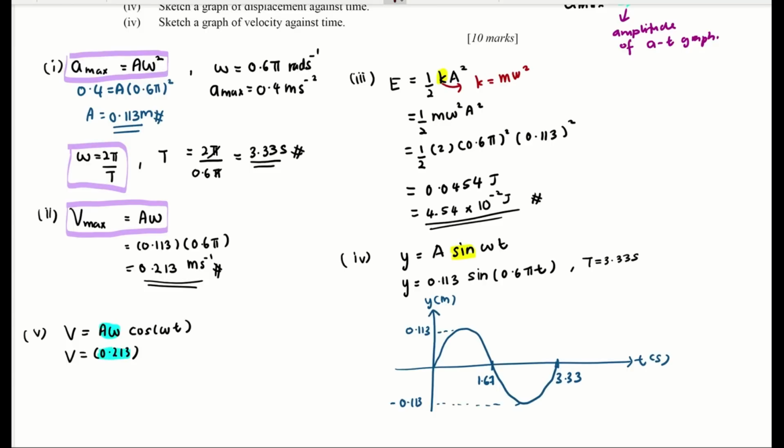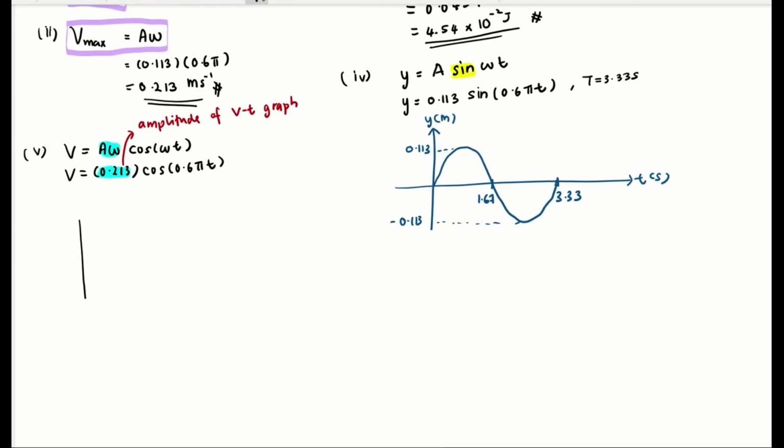Jadi bila kita sketch graph V against T, ini merupakan amplitude of VT graph. So 0.213 itu adalah dia punya nilai amplitude. Kenapa? Sebab A omega itu adalah V maximum dia. So cos 0.6 pi T. So kita sketch graph. So this is V. The unit must be meter per second.